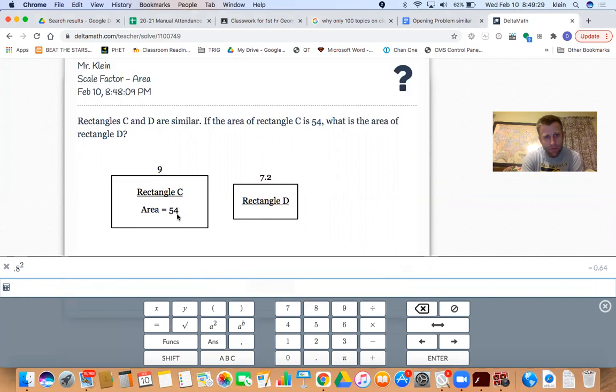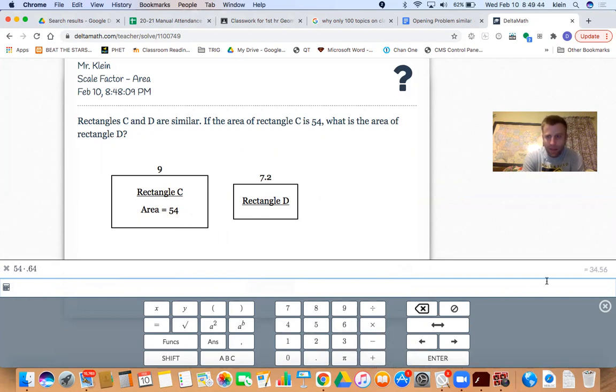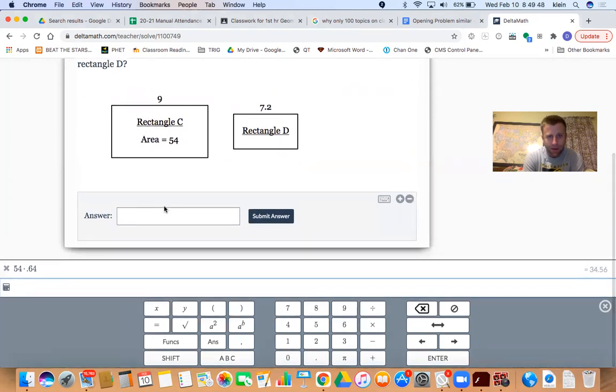So if I do 54 times 0.64, it actually will give me the area of this one. So last step, take the area of the first one and times it by that scale of 0.64. That's 34.56. It doesn't really tell me how to round, so I'm just going to type that whole thing in there and hope it's right.